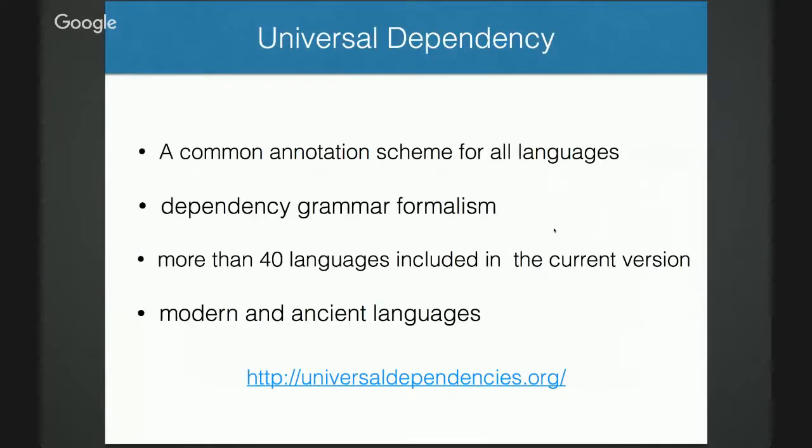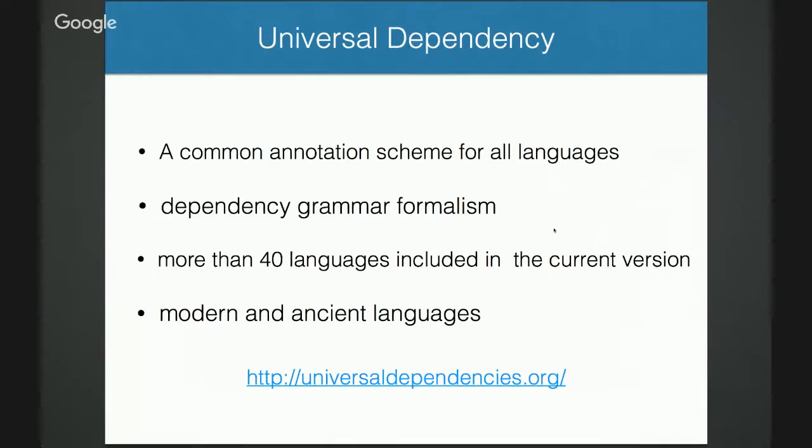So another piece of information here is Universal Dependencies. This is a very interesting project. I'm mentioning it now because I think that it is really promising, since the aim of this project is to annotate all languages, or at least a lot of languages, using the same annotation scheme, and I think that this is really pretty cool.